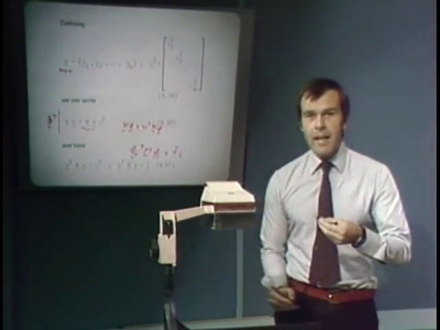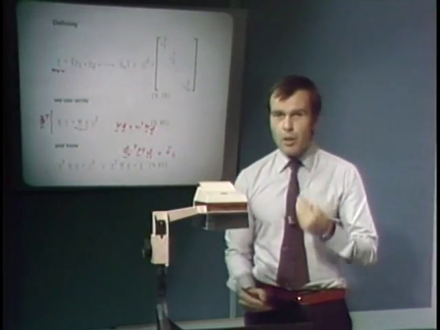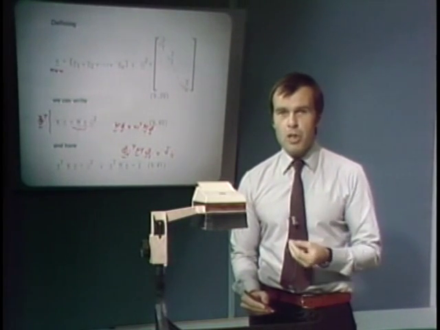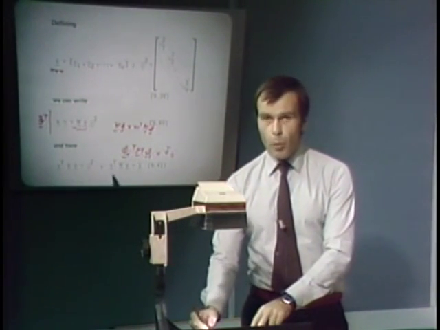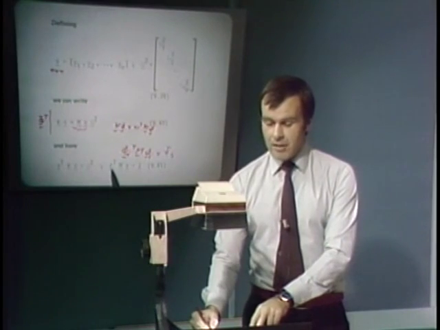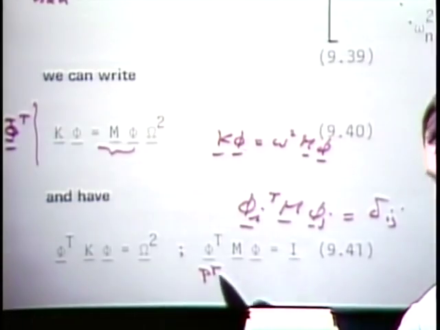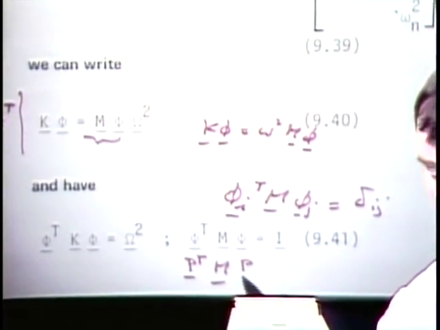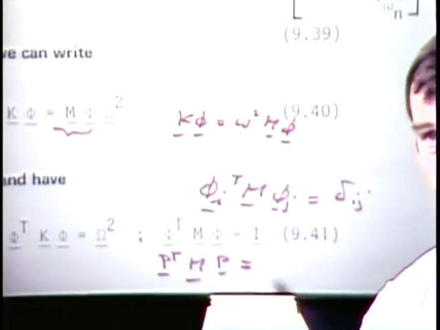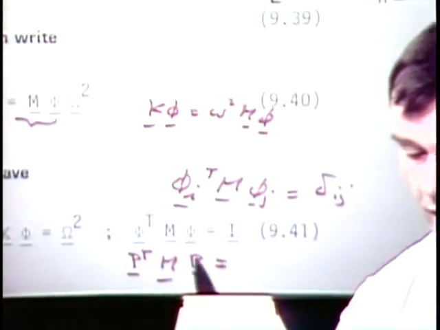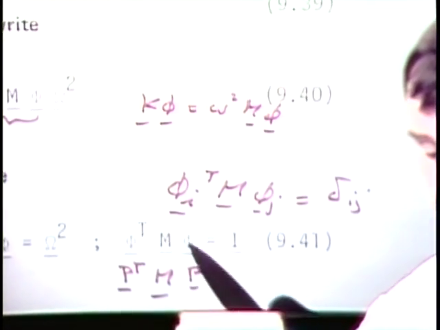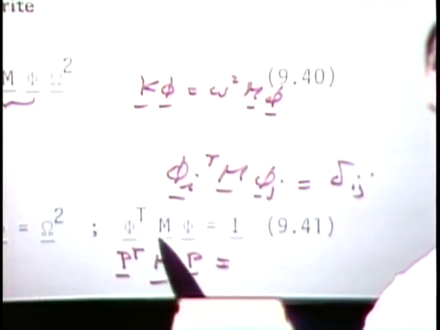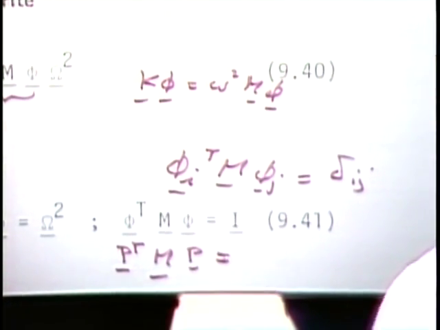Now, if we look back at what we started off with in our mode superposition analysis discussion, we wanted a matrix that we called P, which is such that P transposed M P ideally is a diagonal matrix. Well, we now have such a matrix. If we take phi equal to P, then phi transposed M phi is in fact a diagonal matrix.